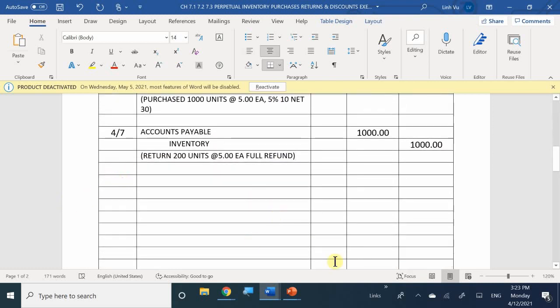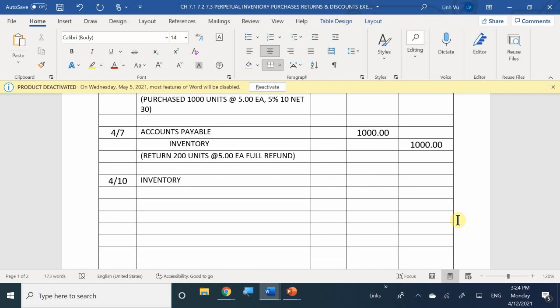So it would be inventory for 4,312.50 debit. That is just the purchase. What about the freight?